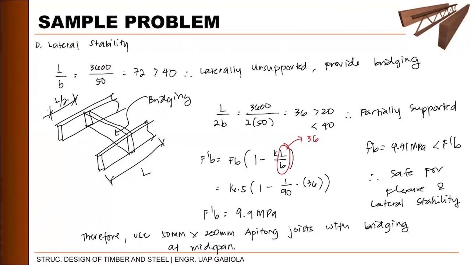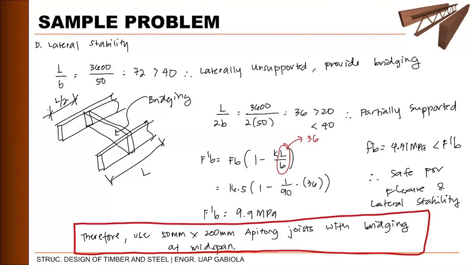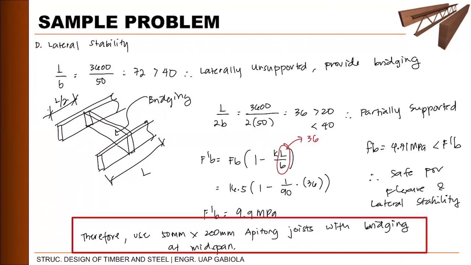Okay? So, yan po yung magiging conclusion natin for this problem. So, this is the answer. So, we need to provide 50 by 200 na joist na supported at midspan by bridging to satisfy all the requirement for our checking ng serviceability and flexure. Okay?